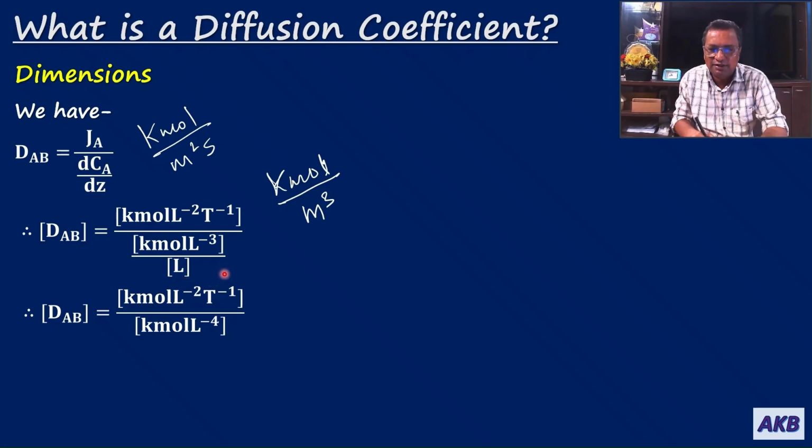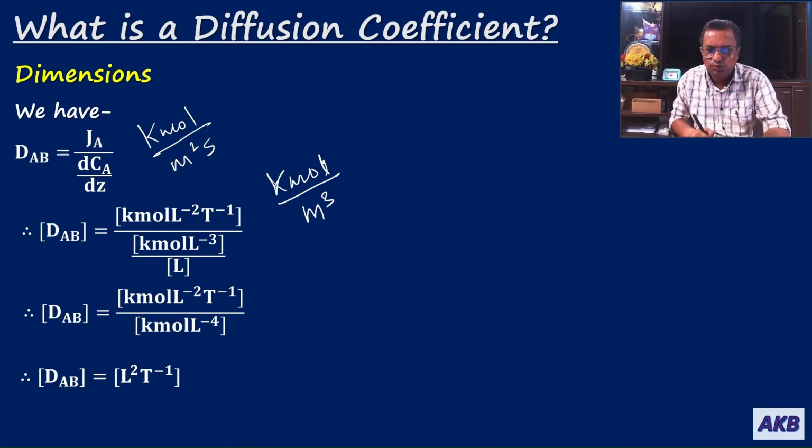The L, when it comes to the numerator, will be L raised to minus 3, L raised to minus 1, so it is L raised to minus 4. Therefore kilomole gets cancelled, and you are left with L raised to 2, because this is L raised to minus 2 plus 4, and T raised to minus 1. So dimensions for diffusion coefficient are length square into time raised to minus 1.